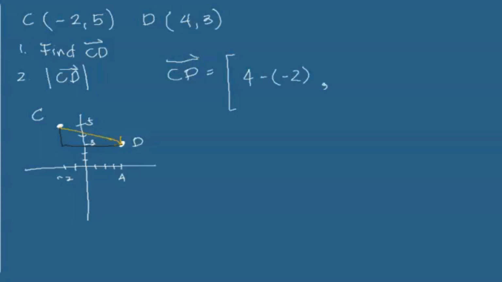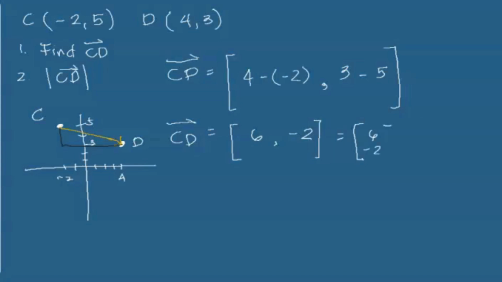And our y coordinate, the final coordinate of y is 3 minus the initial y is 5. Okay. So our vector CD is 6 and negative 2. We can also represent this using this way.